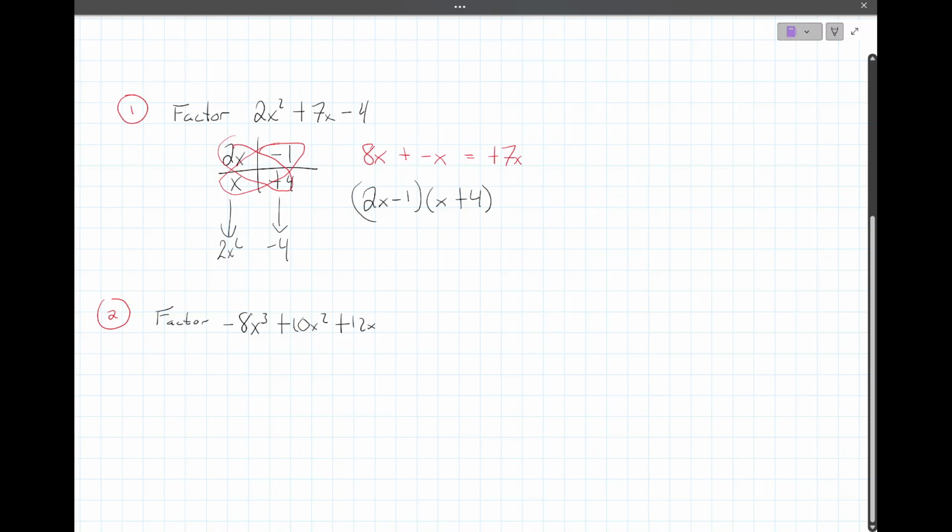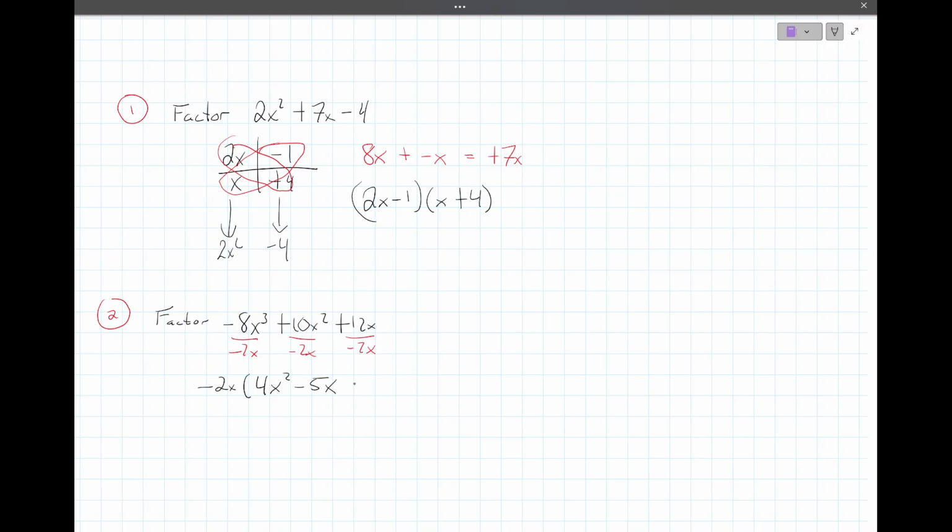Looks like a common factor of negative 2x. Negative 8 divided by negative 2 is 4. x squared divided by x is x, and x cubed divided by x is x squared. So this is going to be 4 minus 5x, minus 6.